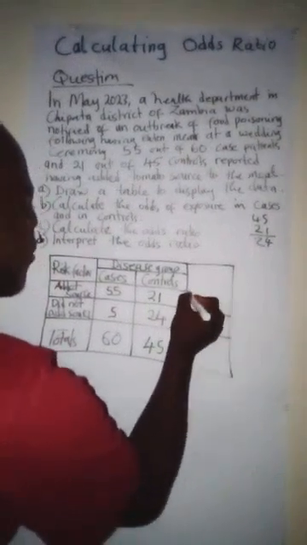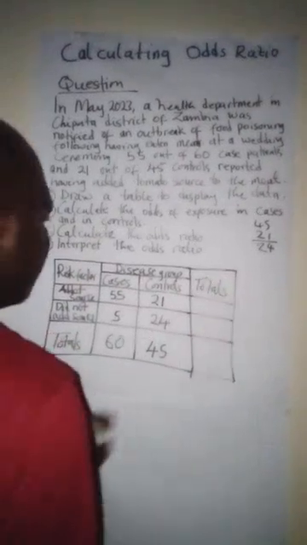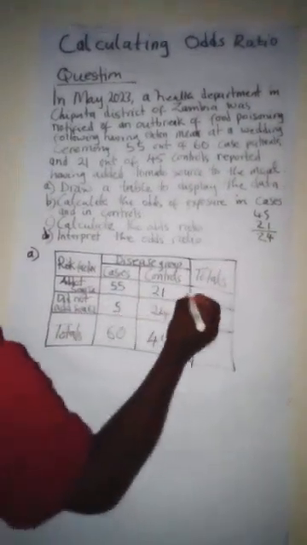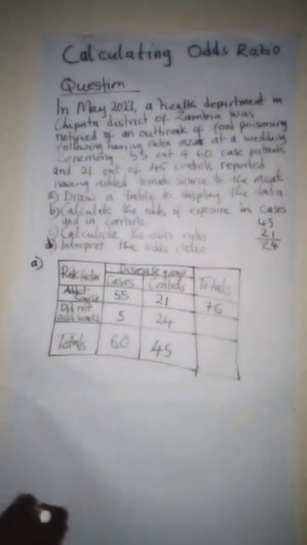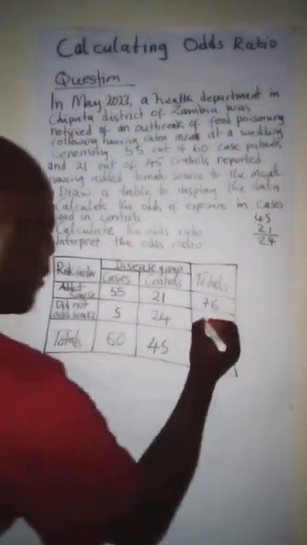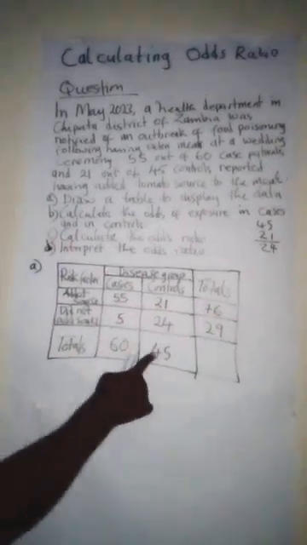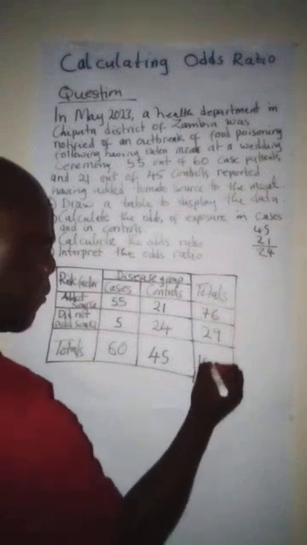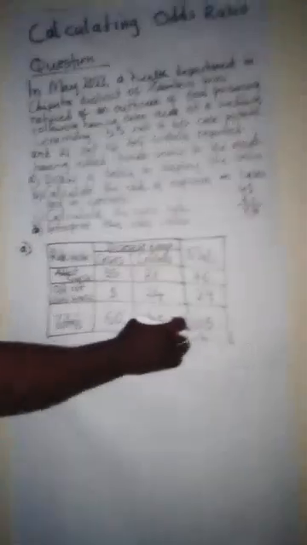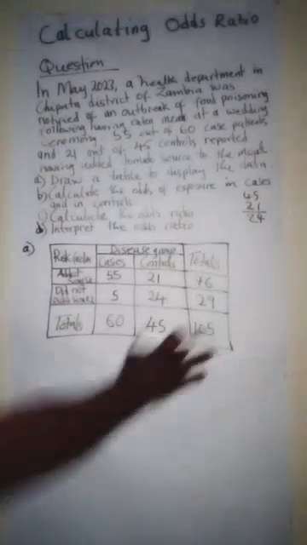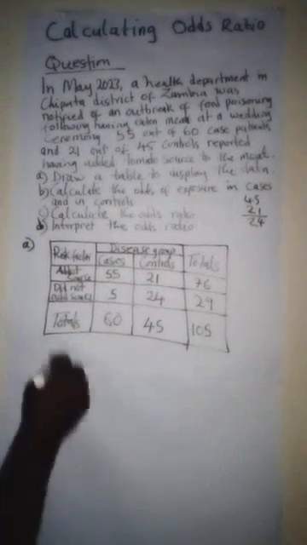I'll extend my table and say totals again this side. I'm going to add these numbers, and it's going to give us 76 and 29. When you add 76 plus 29 or 60 plus 45, we'll get the same total. This total is telling us that these are the people who ate the meat at the wedding ceremony.